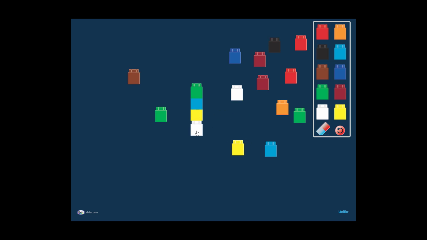So since we can't use real cubes, what I'm using here is a virtual manipulative, and this is free. I put it in the description box below and also in the resources in our Blackboard site, so that if you wanted to use these at home, you could. For very small children, I would recommend real manipulatives. They need to feel these things in their hands.